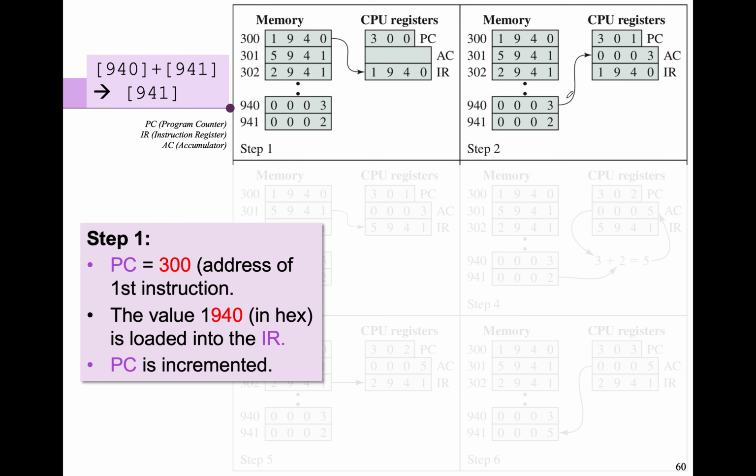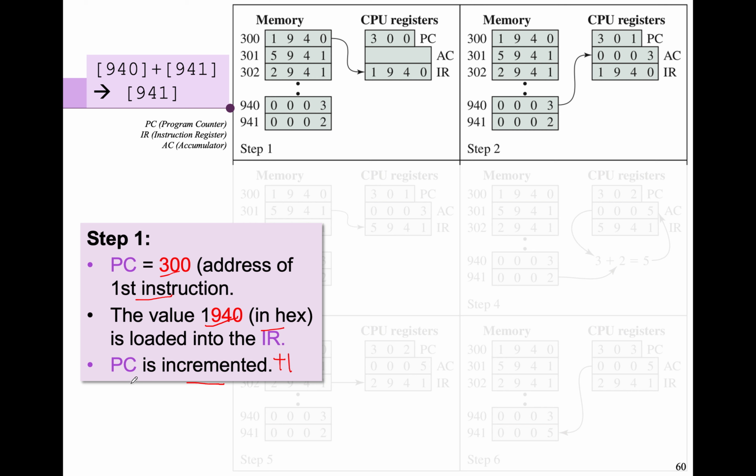Okay, there is a step-by-step over here. I prefer this one. PC is 300, the address of the first instruction, which is your initial value. The value 1940 in hex is loaded into your IR. PC is incremented, so it's going to be plus 1 later on.